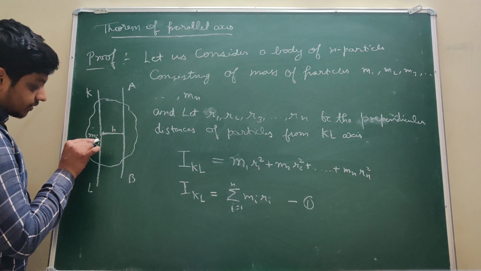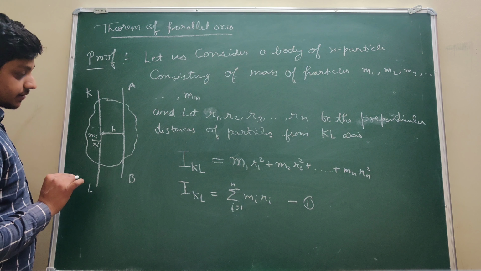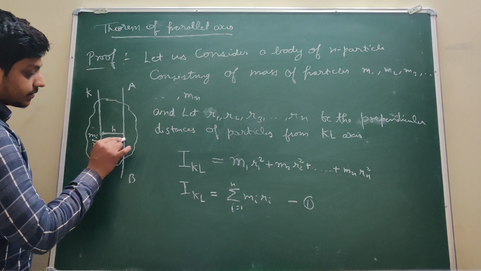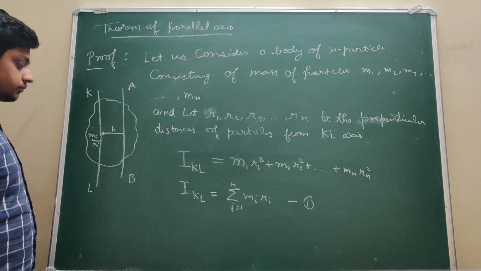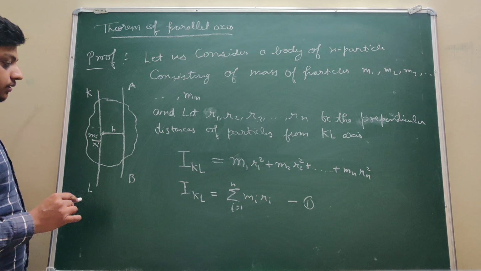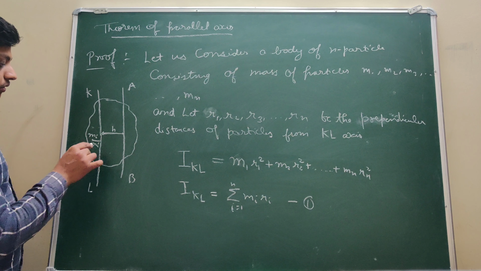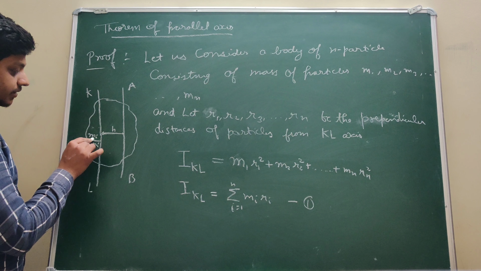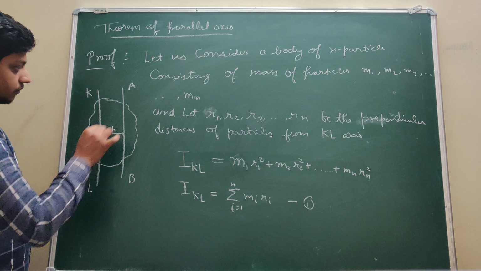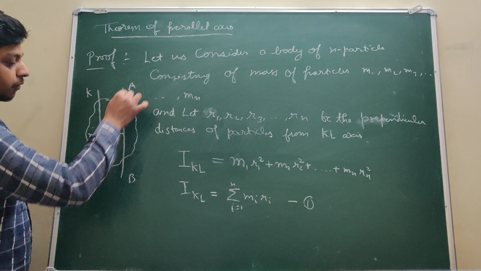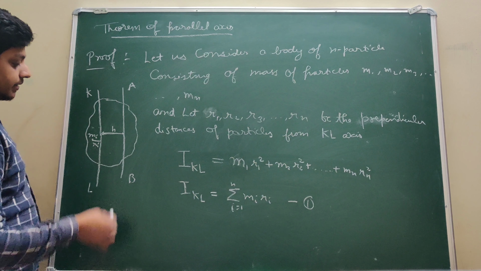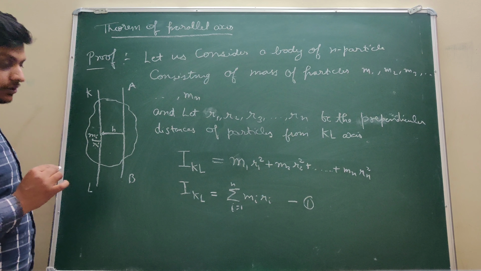See, this is ri distance from KL and this is h distance from KL. So the total distance of this particle from the AB axis is ri plus h.